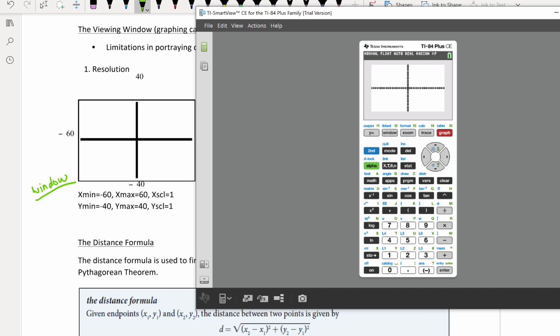That's showing you that you're seeing it from -60 to +60 for your x values, and then for your y values from -40 to +40. Okay, so that was just to make sure that we know how to use our graphing calculator.